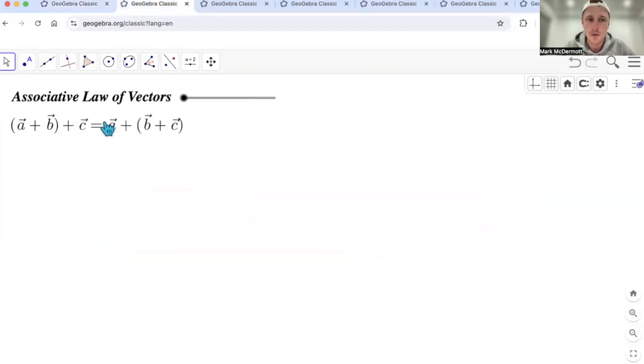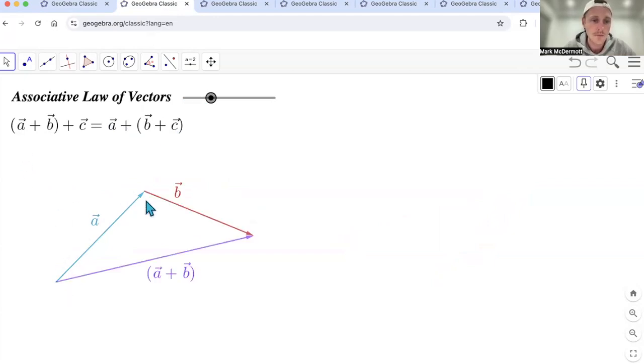The next one is what's called the associative law of vectors. So vector a plus vector b added together plus vector c is the same as vector a plus vector b plus c, which is basically the associative law of algebra, but now with vectors. Just to show you what's going on, vector a plus vector b would give us, this is a and b, and then here's vector a plus b if we added them first.